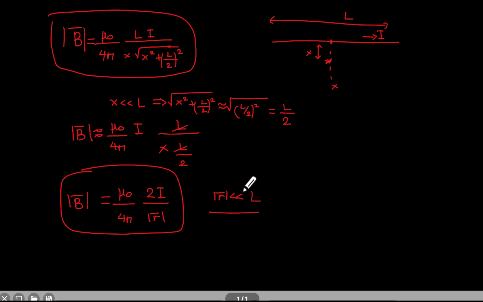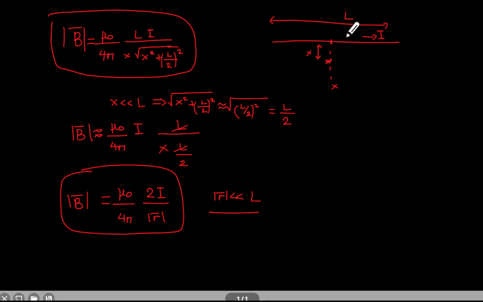Now, one thing I want to point out: there are two ways with which you can make this assumption true. You can either move your observation location very close to the wire, or you can make your wire very, very long. Some problems will tell you that you have an infinitely long wire.